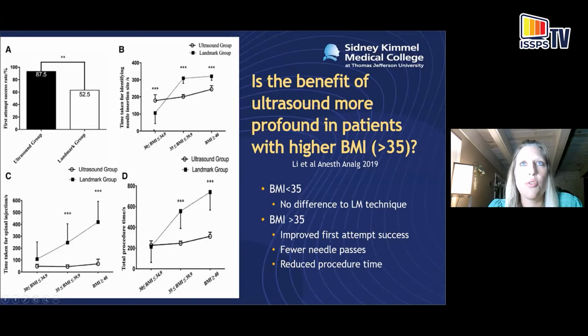You can see in the lower group, there wasn't much difference in benefit as far as time to identify the structures, time taken for the spinal, and total procedure time. But when you got into the higher BMI groups, there was a significant benefit. So maybe it's not as beneficial for all obesity levels, but maybe at the most severe obesity levels is where you're going to see the biggest difference versus landmark technique.